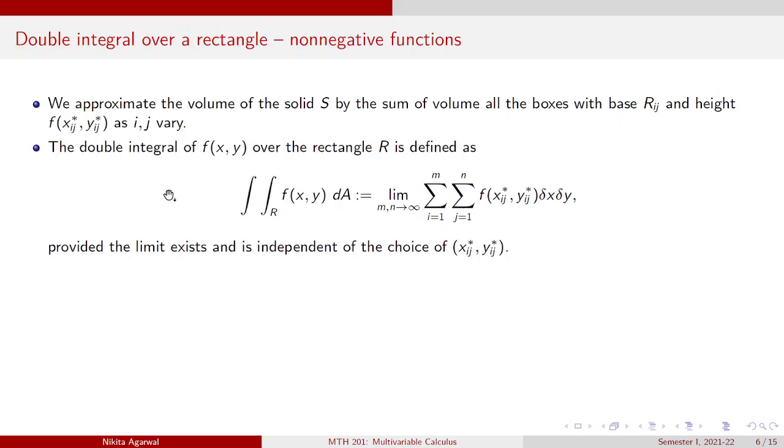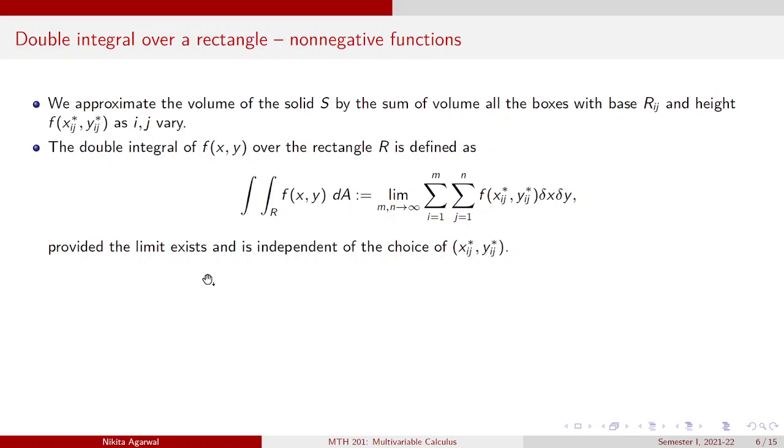So the double integral of f(x,y) over the rectangle R is defined as, this is the notation, we will explain it in a minute, and it is nothing but, now you want to let both m and n go to infinity, right? So both directions it should go to infinity. You sum over all the possible boxes that you get, and provided the limit exists and is independent of the choice of (x_ij star, y_ij star).